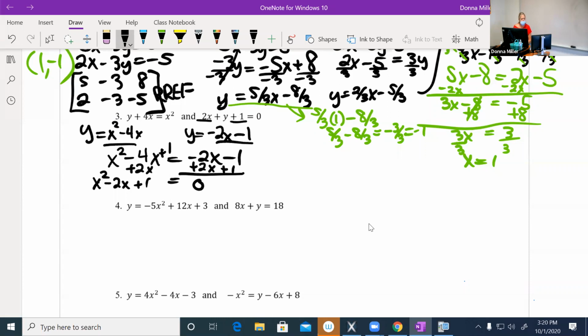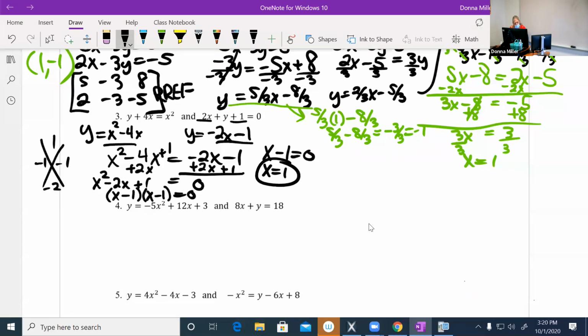We find factors of 1 that add to -2. Yeah, -1, right? All right. So this factors as x minus 1 times x minus 1, which is really just the same factor. So the only solution to this is x minus 1 equals 0. So x would be 1.